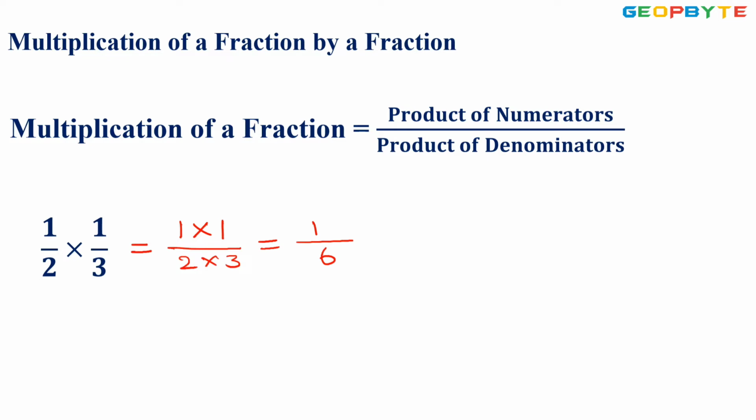So here what we are doing, first we are performing the product of numerators and then we are finding the product of denominators. Right. So we'll move to the next question. 8 by 3 into 4 by 7. The rule is first we need to perform the product of numerators by product of denominators.